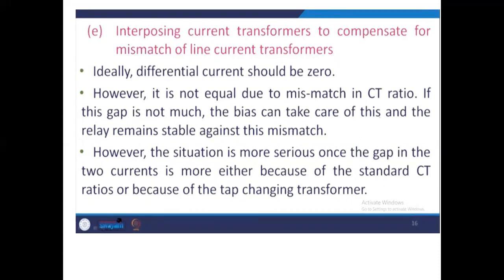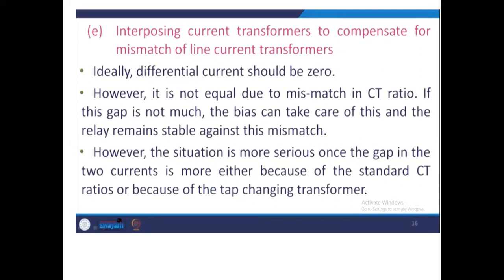So this situation is more crucial. Now, if the mismatch is lower than the bias, whatever percentage of the bias setting or the slope setting, that can be easily taken care of.